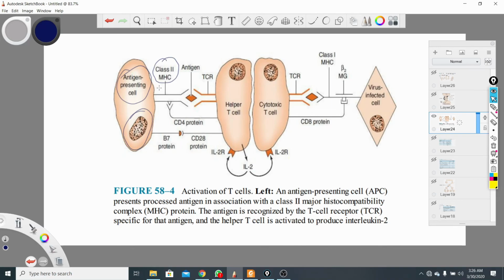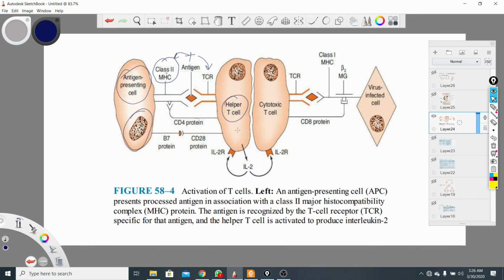This class 2 MHC protein presents the antigen, and the antigen class 2 MHC protein plus TCRs are required for the generation of helper T cells.